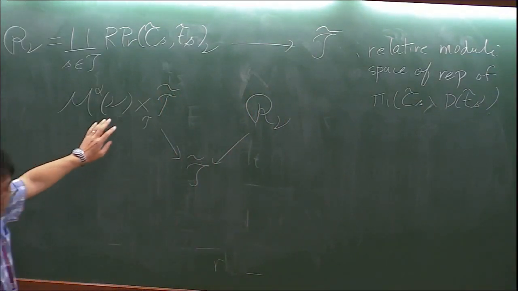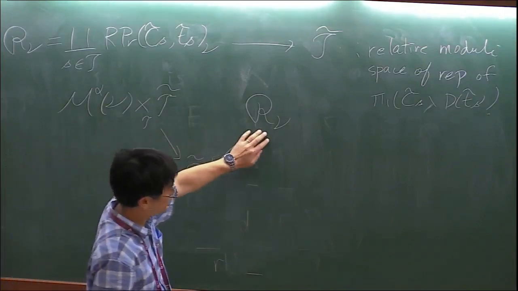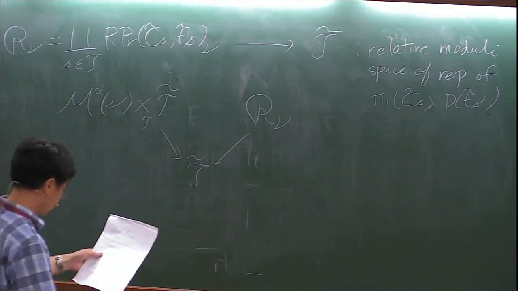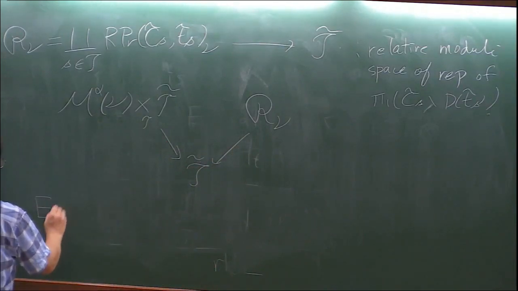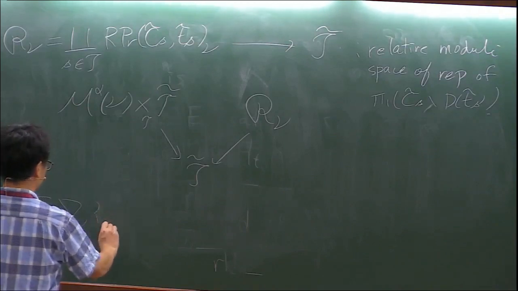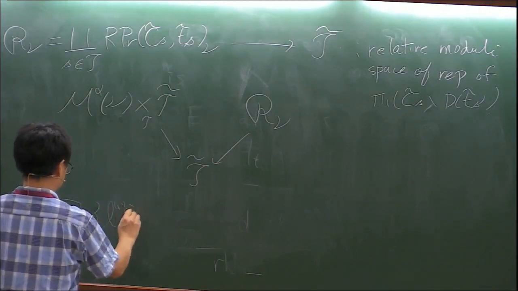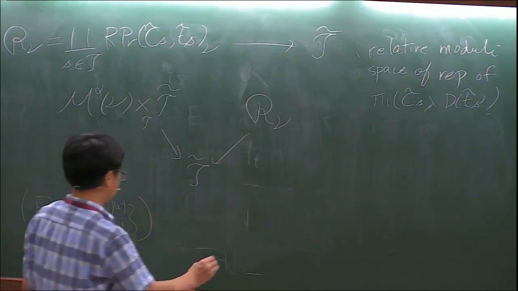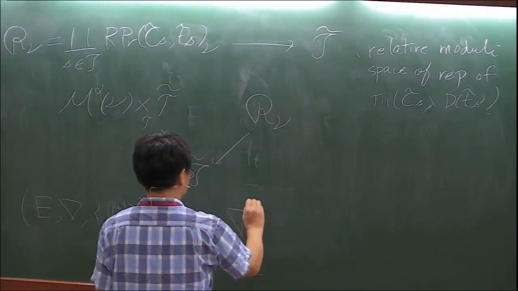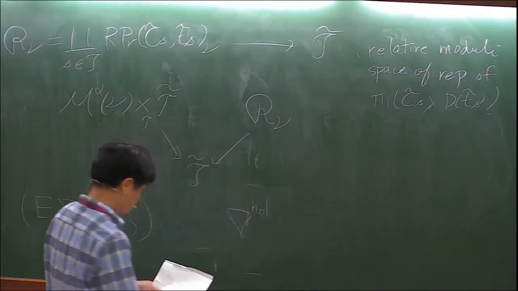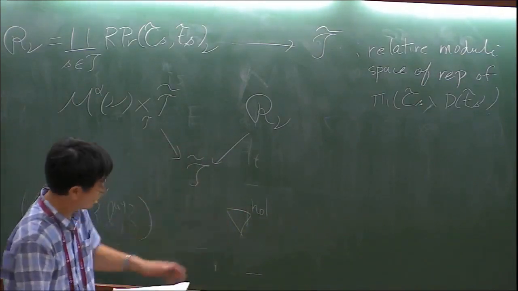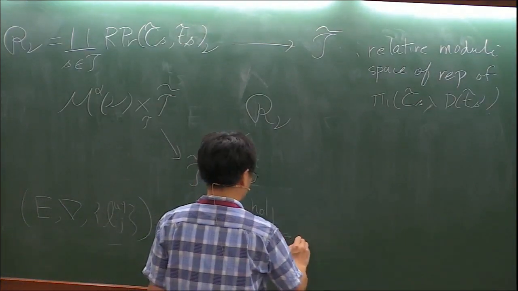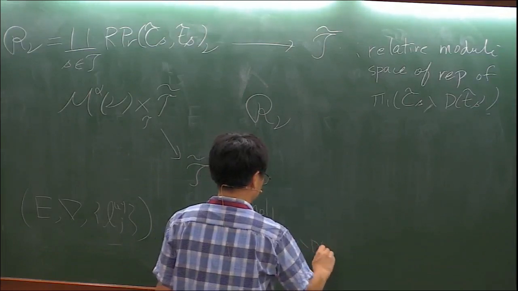And between the moduli space of connections and the moduli space of representations of the fundamental group, there is a Riemann-Hilbert morphism. It is characterized like this. If we take a parabolic connection, then it induces a holomorphic connection restricted to C tilde minus the points t tilde.